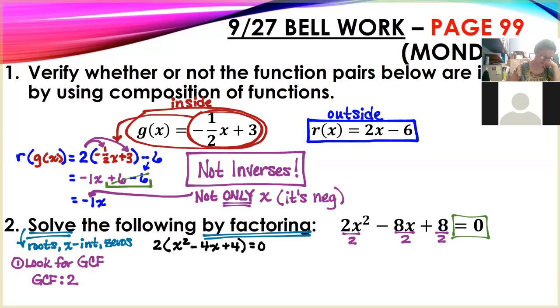So we got our GCF out. Beautiful. So now this is what we're going to factor. What are our values for A, B, and C? Let's start with A. What is our value for A here?